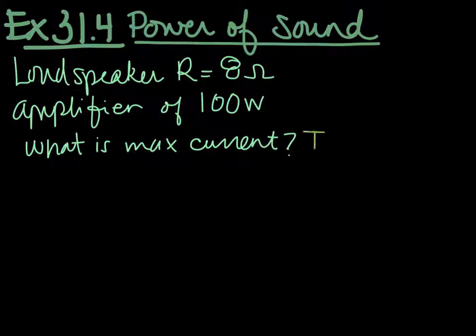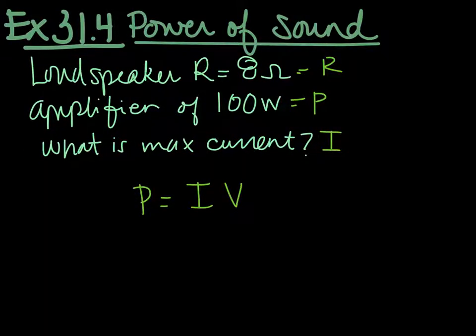So we're trying to find I. We have P and we have R. So using the equations we just had, P equals IV, V is equal to IR, so we have I squared R. Go ahead and calculate the current that's found in this loudspeaker.